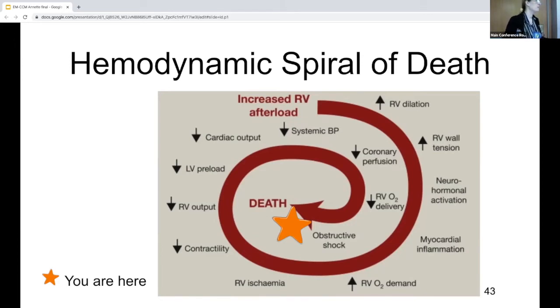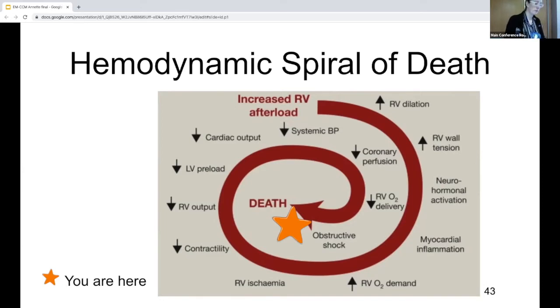The right ventricle is pretty thin-walled and works in a low-pressure circulation. With increased afterload, the right ventricular stroke volume goes down, the right ventricle dilates, and wall tension increases. This results in worsening coronary perfusion for the right ventricle, because versus the left ventricle, which is perfused during diastole, the right ventricle is perfused during diastole but mostly during systole.